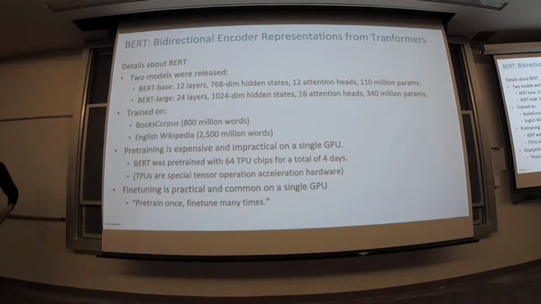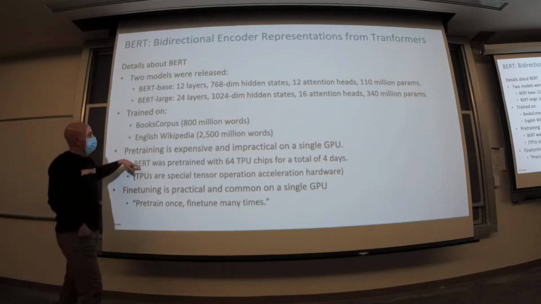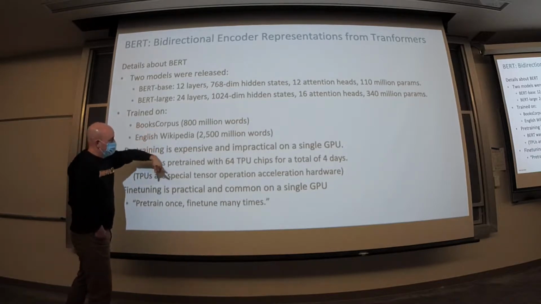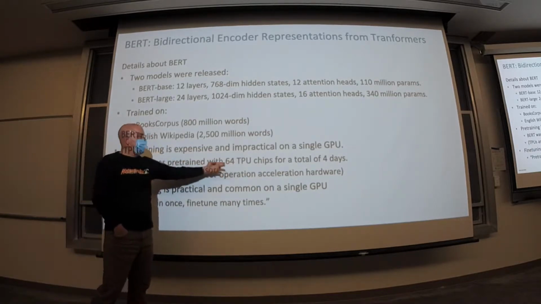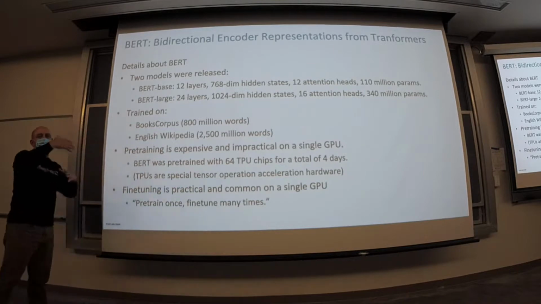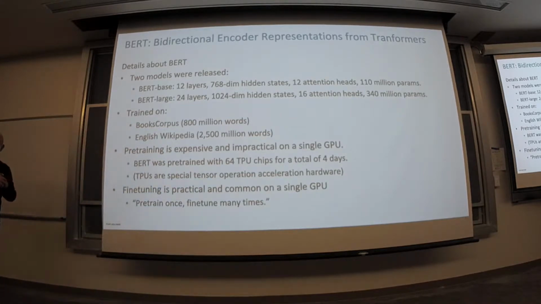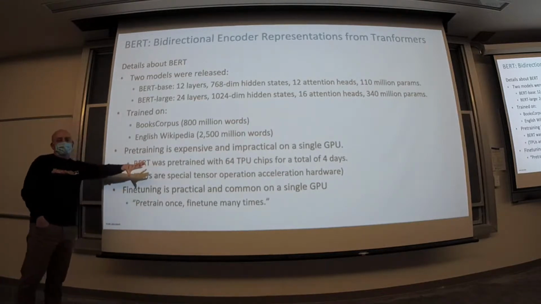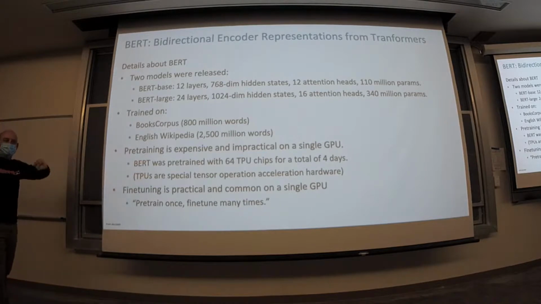So, training on these really large corpora. Yeah, right here: 64 TPUs, these specialized chips for deep learning workloads, for a total of 4 days. This is a massive amount of compute.